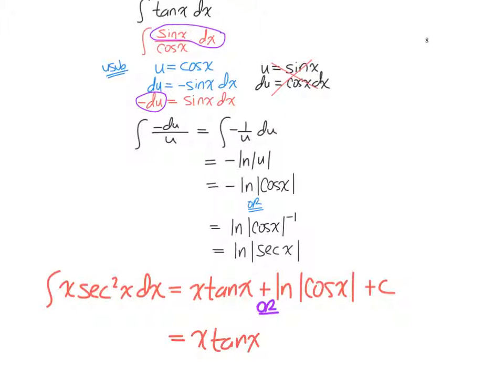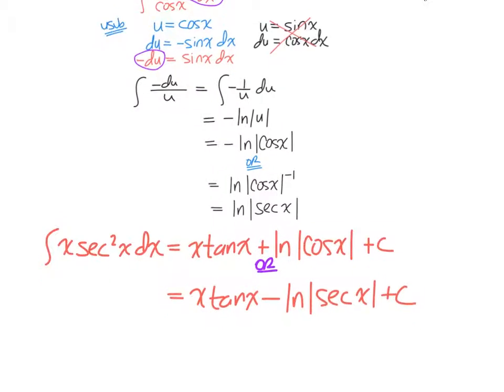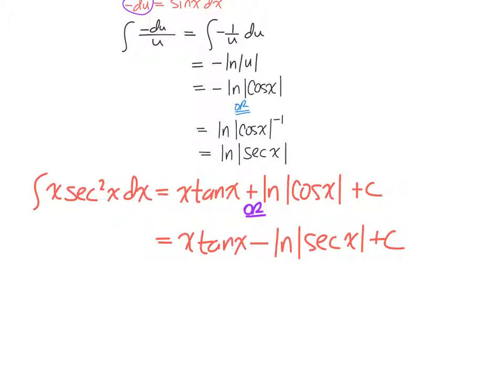Or I might say, I can't think of a circumstance in which I would want to write this, minus the natural log of cosine to the negative first. That's another possibility. I guess the one thing I wouldn't say is x ln x minus x plus c, because that would just be idiotic.